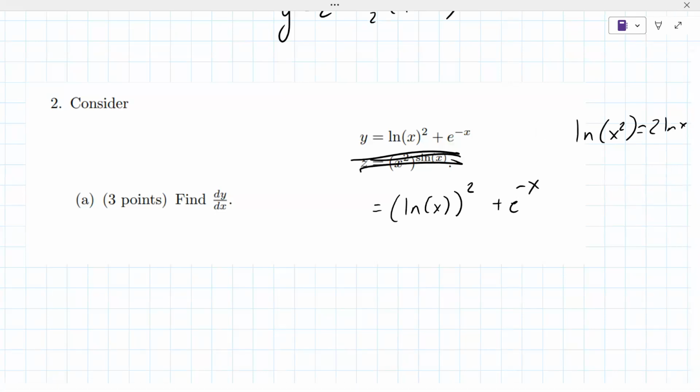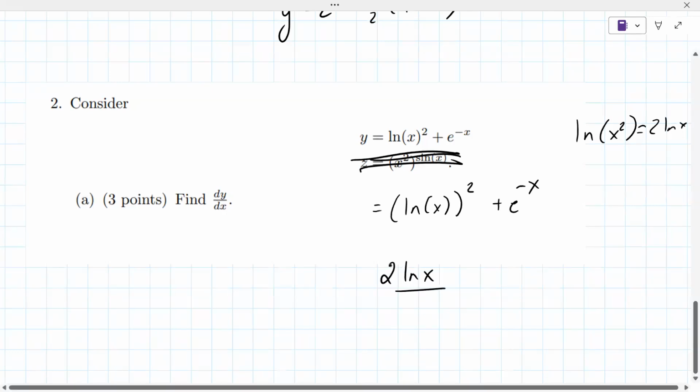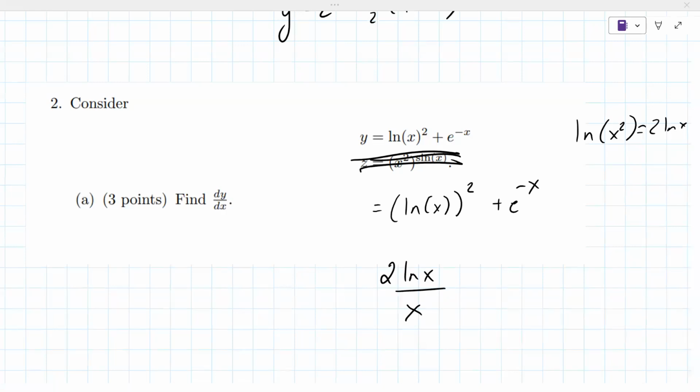So 1 over x. Oh, okay. Okay, so 2 ln of x over x, and then plus negative e to the negative x.